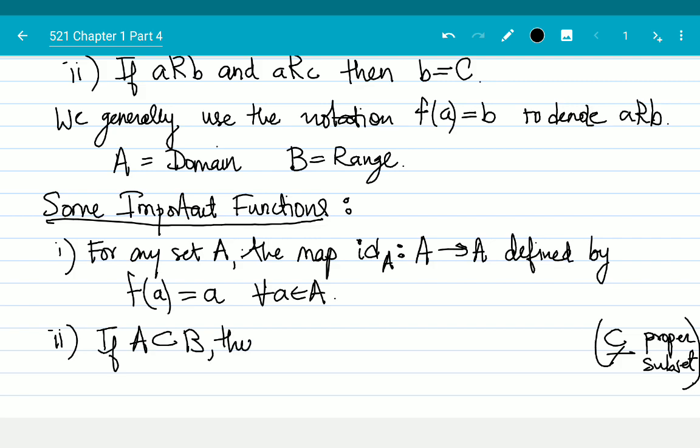The map, generally denoted i or iota, from A to B is the inclusion map.